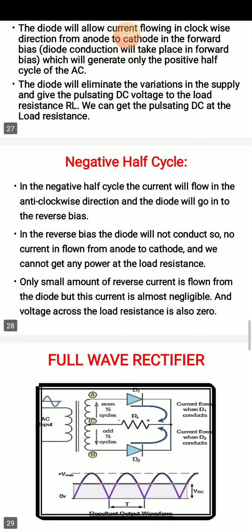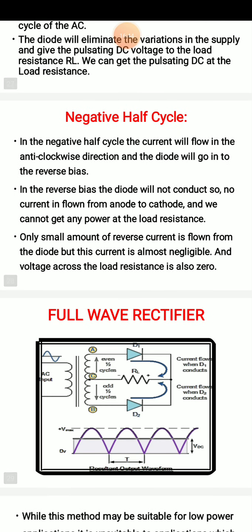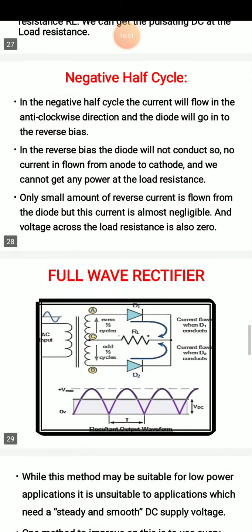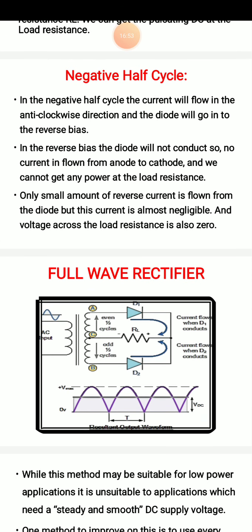You can see here in the negative half cycle, the current will flow in the anti-clockwise direction and the diode will go into reverse bias. In reverse bias, the diode will not conduct, and so no current will flow from anode to cathode, and we cannot get any power at the load resistance. So for that reason, in the negative half cycle, there is no current flow.